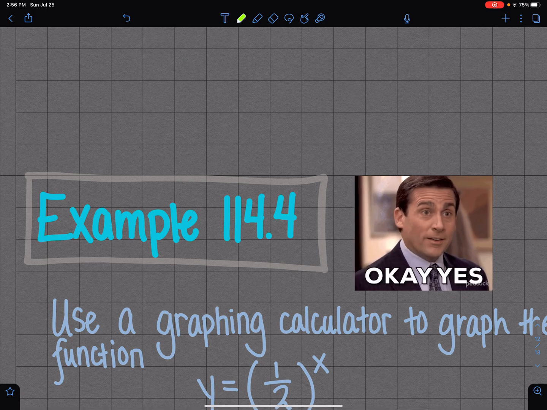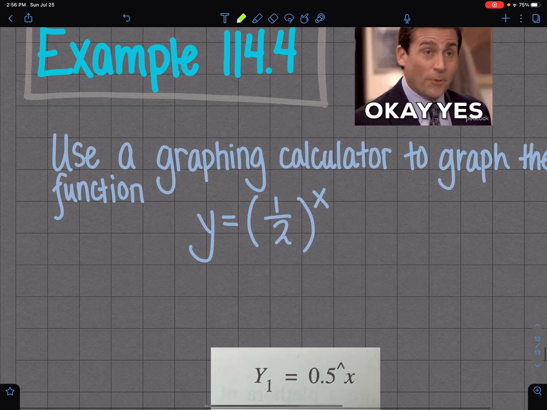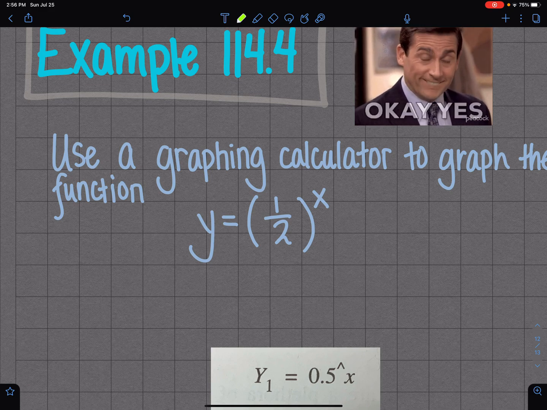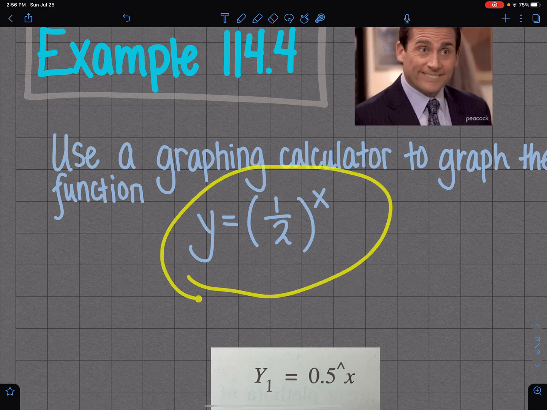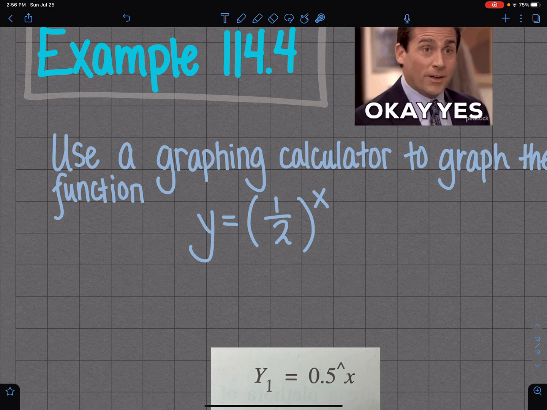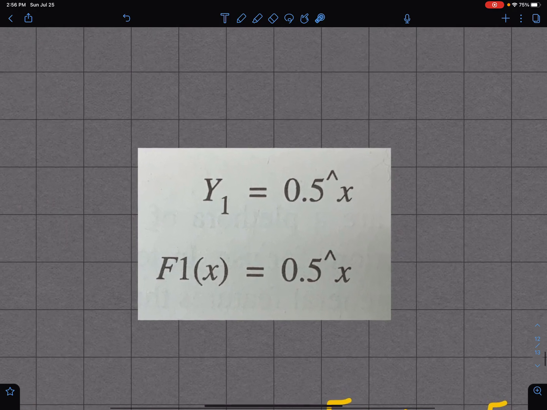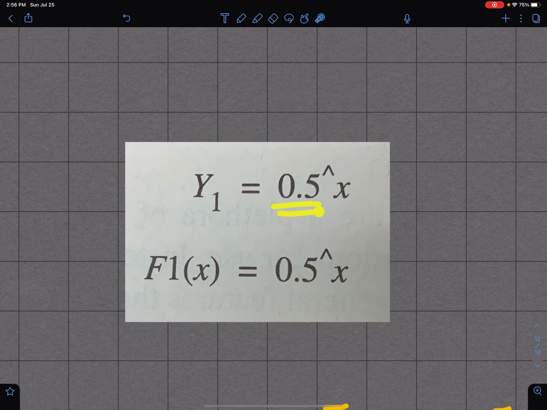Okay, we're going to do example 114.4. Use the graphing calculator to graph this function. So we're going to do y is equal to 1/2 raised to the x. Again, this is another exponential equation because you've got an exponent. And you could also make it look like this: instead of using 1/2, just use the decimal 0.5.